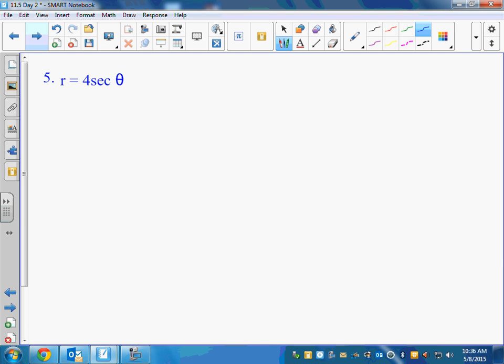Secant is the same as 1 over cosine. So could I say this? That's the same thing. And there's more than one way to do this, so you might think of something different. It'd be really great if I had r cosine theta, right? So could I get that cosine over on the other side?